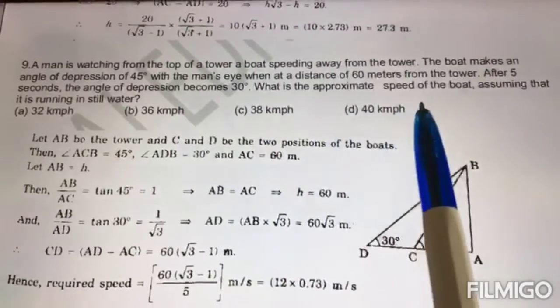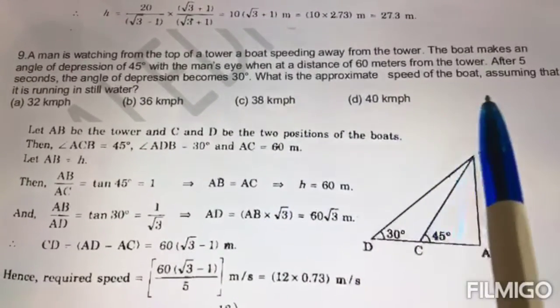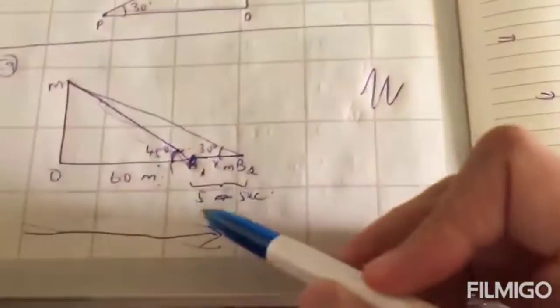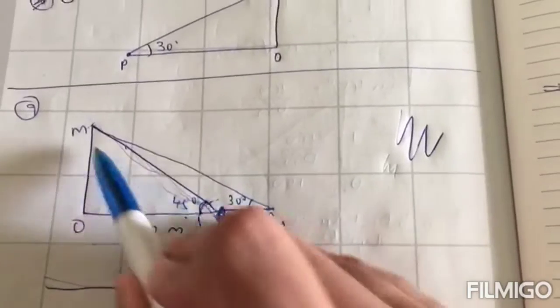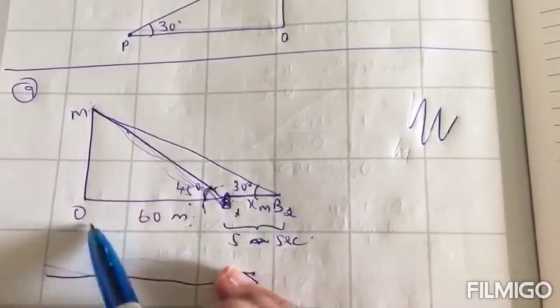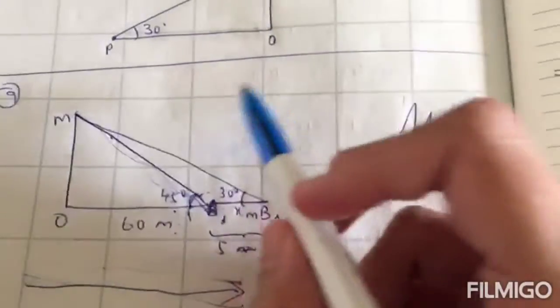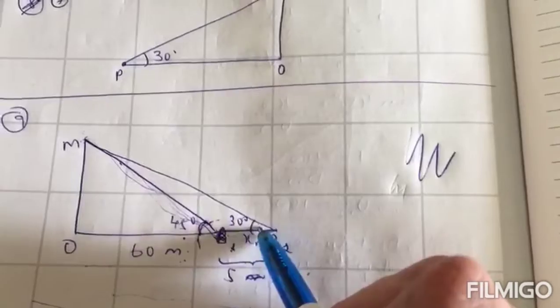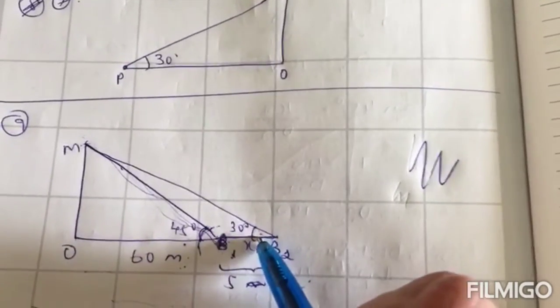What is the approximate speed of the boat, assuming that it is running in still water? After 5 seconds, the angle of depression becomes 30 degrees. We know that the boat is moving away from the tower. We also know that the angle of depression has decreased from 45 to 30 degrees.